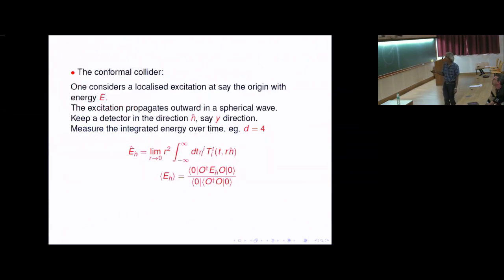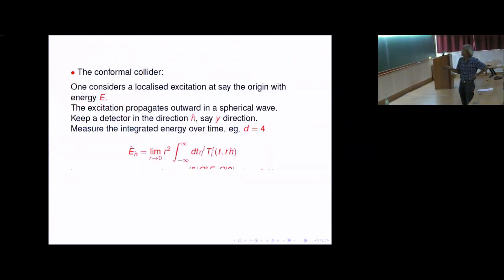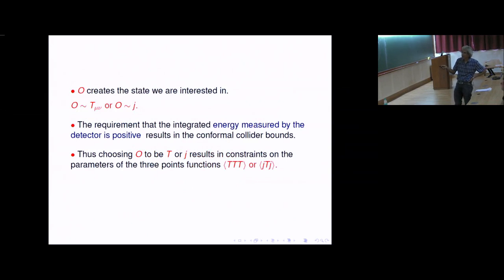What happens is that we take this O to be created by the stress tensor or the current. And the requirement that the energy measured is positive is the conformal collider bound. Of course, taking this O to be the stress tensor or the current, it goes to the 3-point functions, TTT, and that's how the constraints will come in.